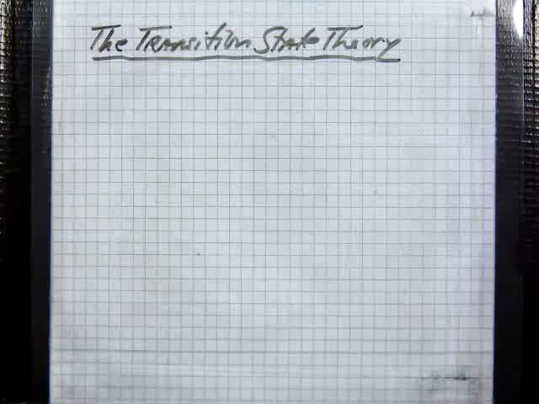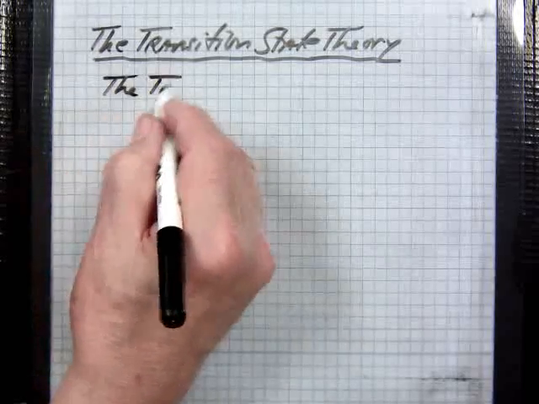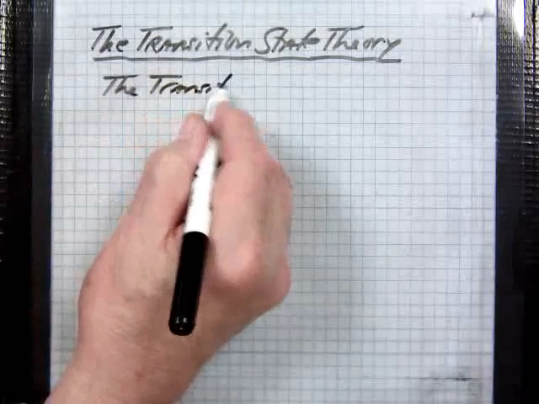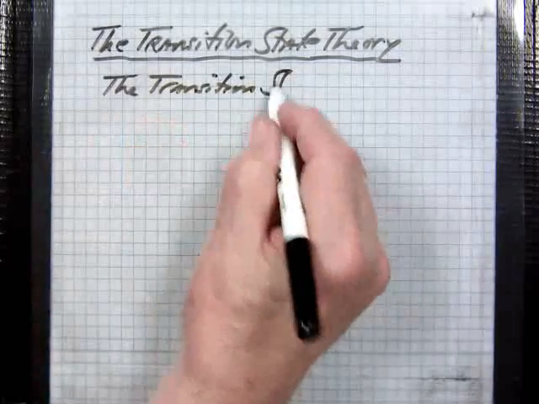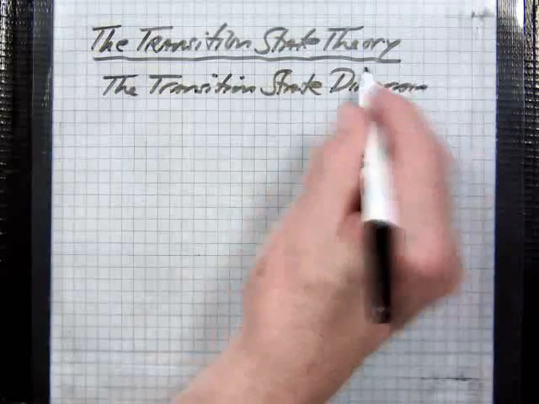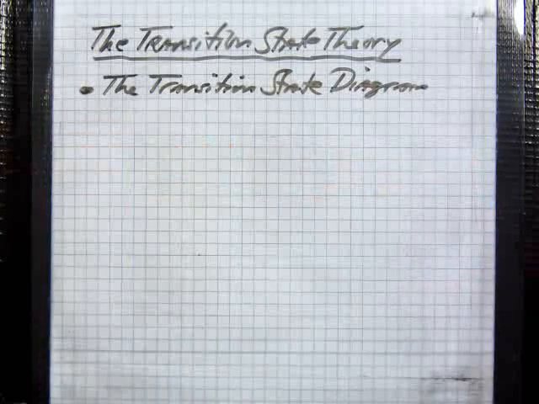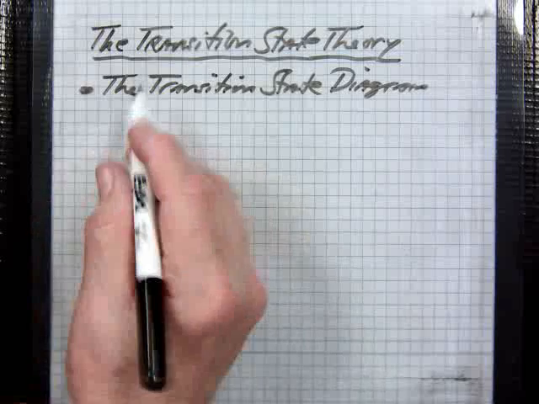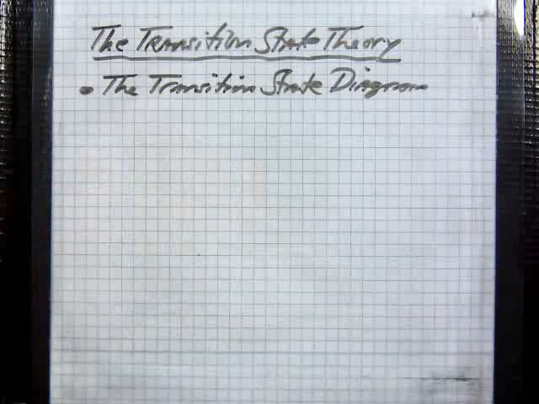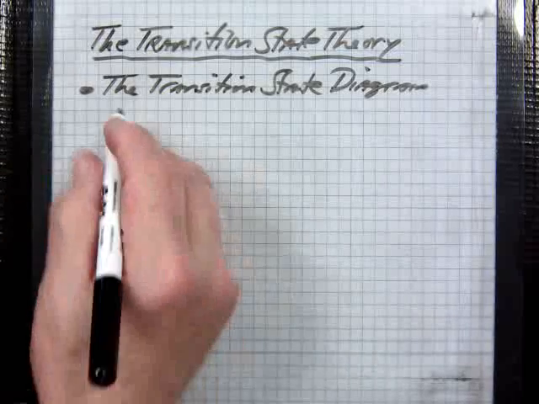And this can be represented in terms of what we call a transition state diagram, for a given reaction. But you have to understand what it means in terms of endothermic and exothermic reactions. So there's a special kind of notation that's used in representing thermochemical equations.